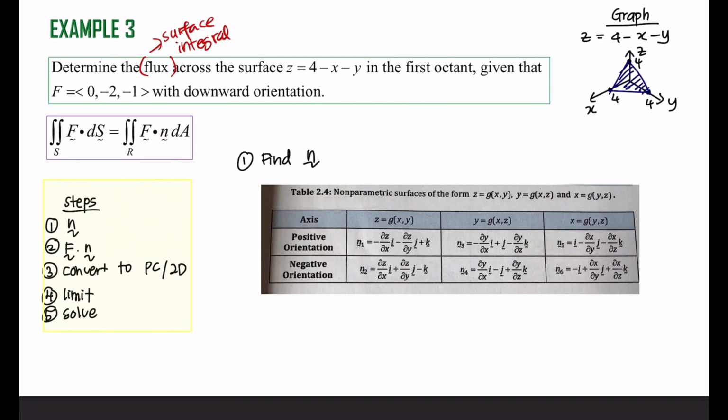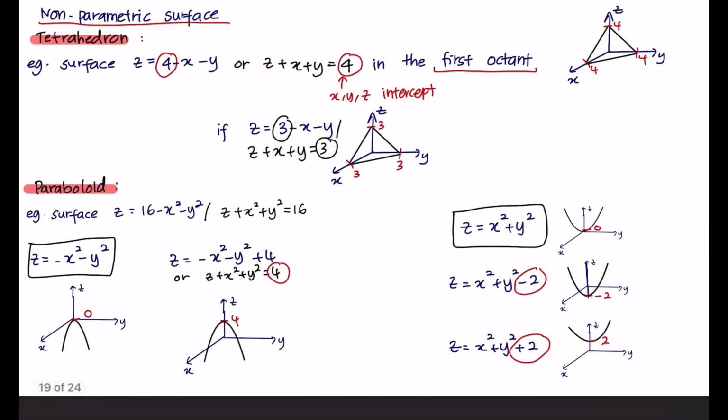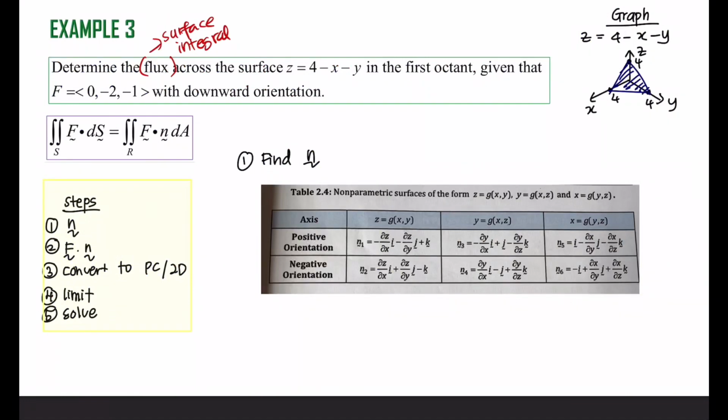Okay, across the surface z equals 4 minus x minus y in the first octant. Refer to the examples here. So z equals 4 minus x minus y, refer to the tetrahedron, given that F has downward orientation.